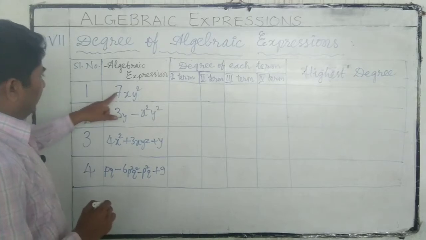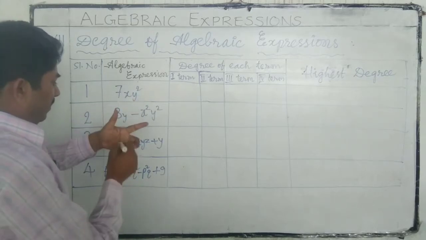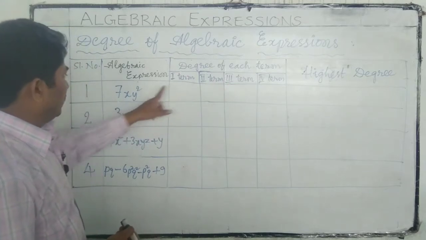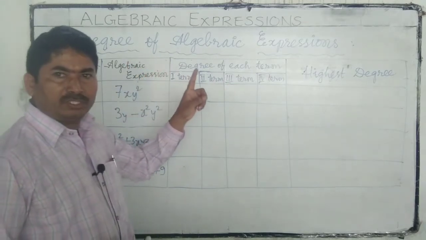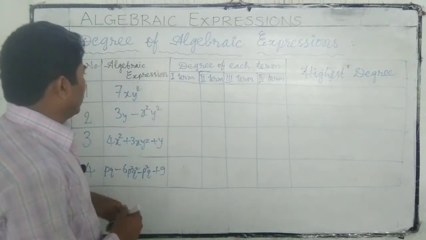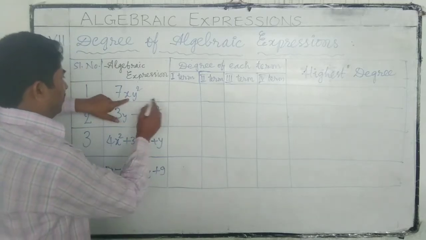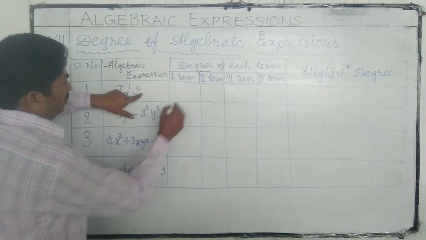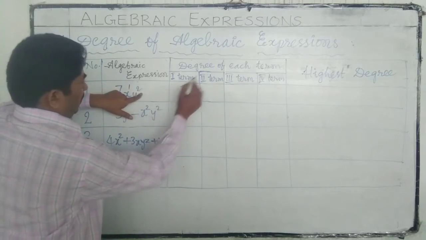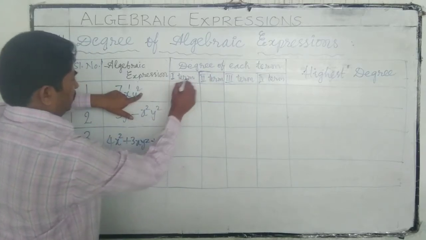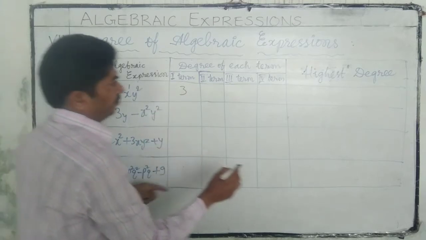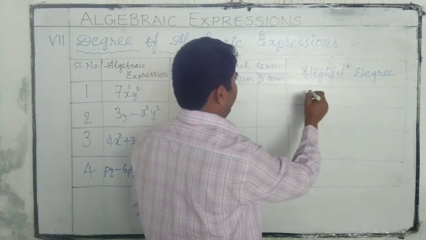First example, 7xy square. Degree of each term, in this only one term, this is a monomial. So degree of this monomial is 1 plus 2, 3. So highest degree also 3 only.